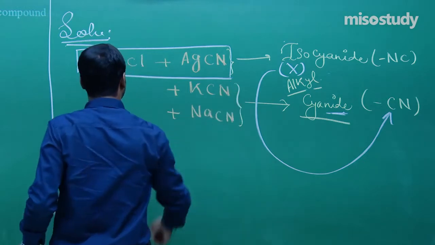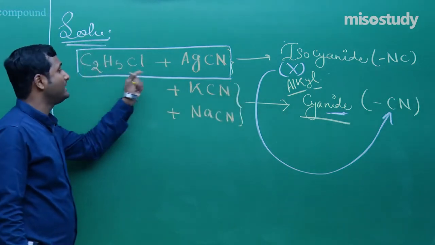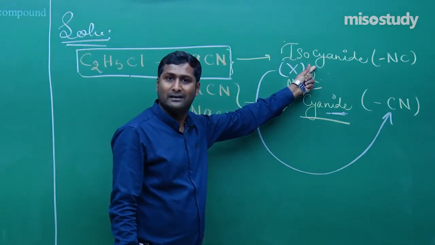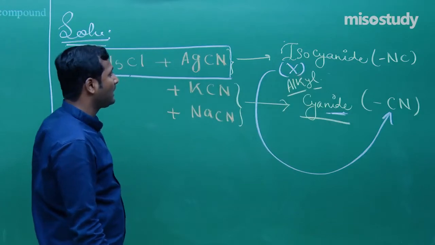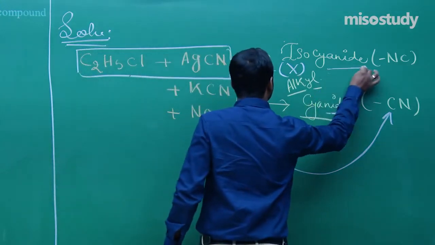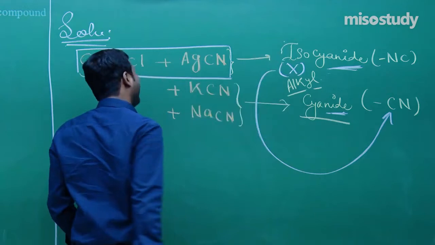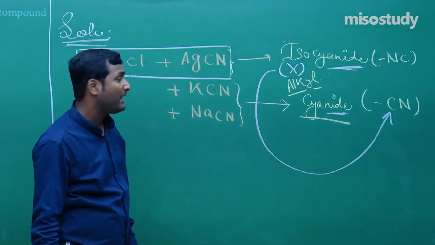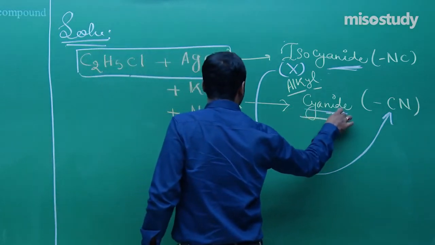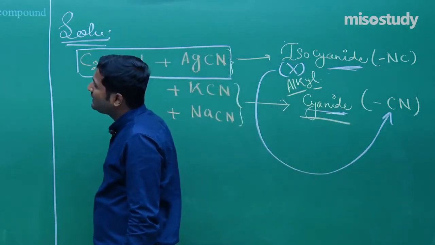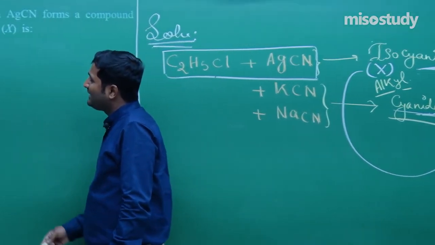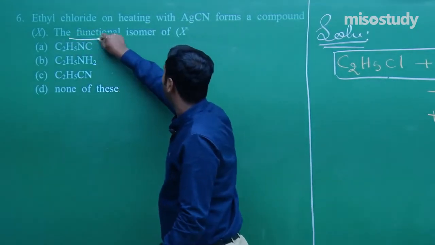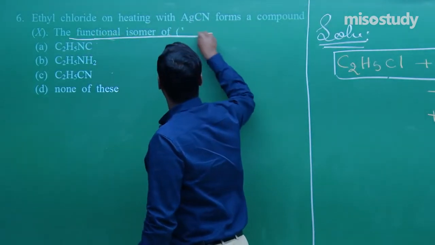Then according to the question, when ethyl chloride is treated with AgCN, it forms a compound X. Write the name of the compound which is the isomer of X. The compound X is isocyanide and the functional isomer of isocyanide is cyanide. Clear to you? So which one is the correct option? Don't get confused, this is the product X, but according to the question we need the functional isomer of X.